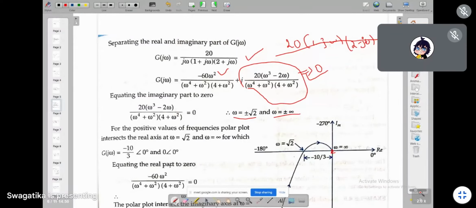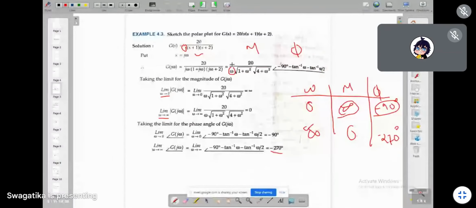So now you have to put omega equals root 2. Then you will find out G(j omega). For omega equals root 2, you will find this one. Here, in the magnitude, you will put omega equals root 2, 20 divided by root 2 into this term.